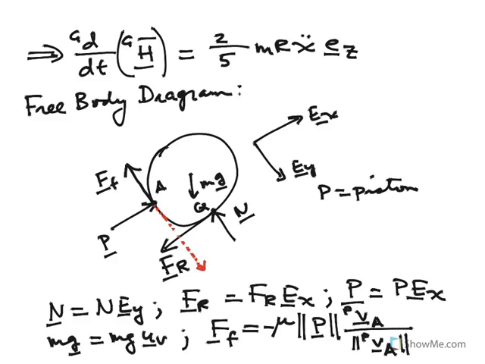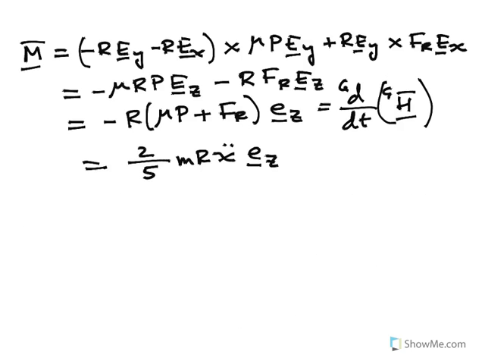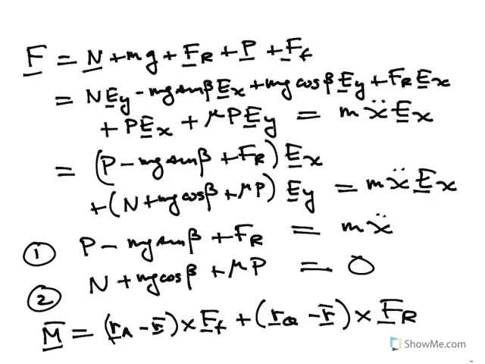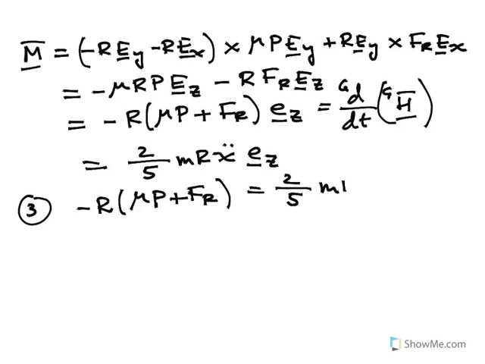There's the angular momentum, and there's the rate of change, 2/5 m R x double dot ez. So now if I put these together, this gives me a third equation. I have the first two equations, and then I have the third equation. It looks like minus R times mu P plus F sub R equals 2/5 m R x double dot.